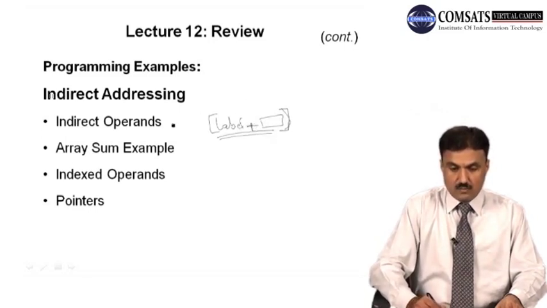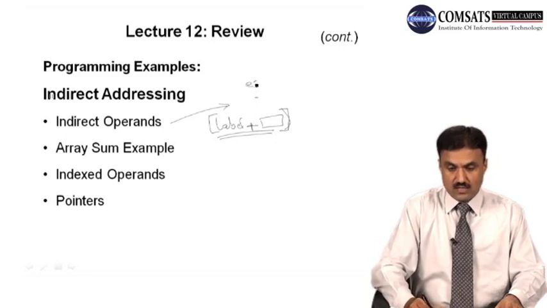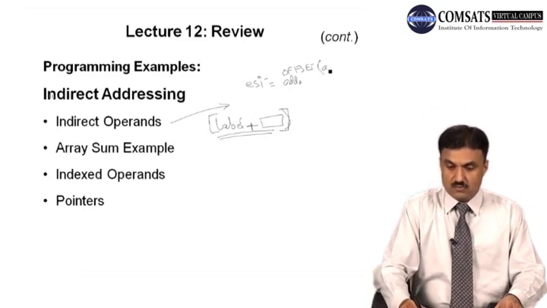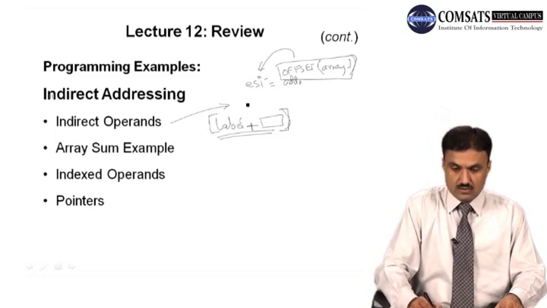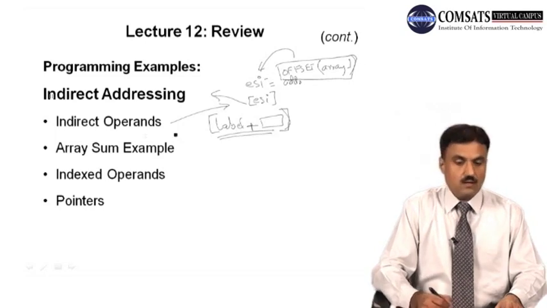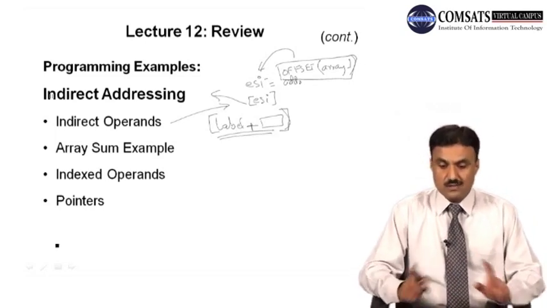For example, the ESI register was assigned the address, or we can call it the offset, of some variable, for example array 1. So we move the offset into ESI, and we use this ESI to access the same variable and so on. This was called indirect.